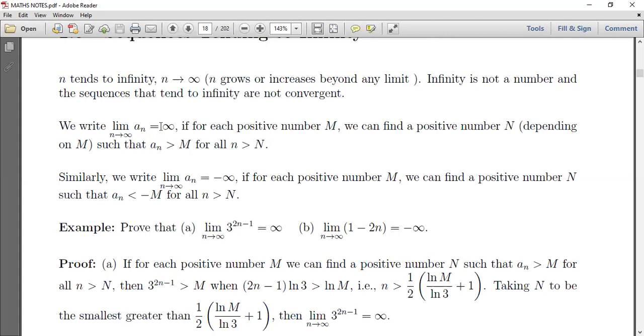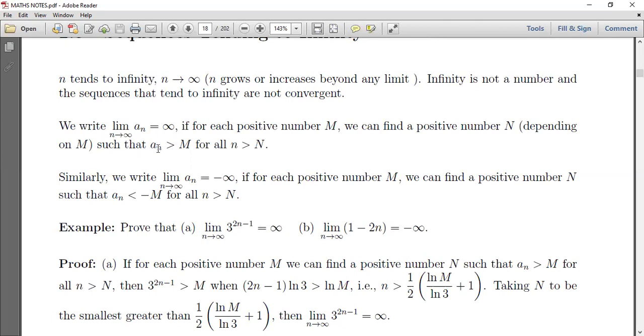The terms are growing bigger and bigger, which means AN is always greater than M. If the limit of AN is equal to infinity, we are saying the terms of our sequence AN are always becoming bigger and bigger as n goes up. Otherwise, the terms are increasing. That's why we are saying AN is always greater than a certain number M for n greater than N. So AN will be becoming bigger and bigger.